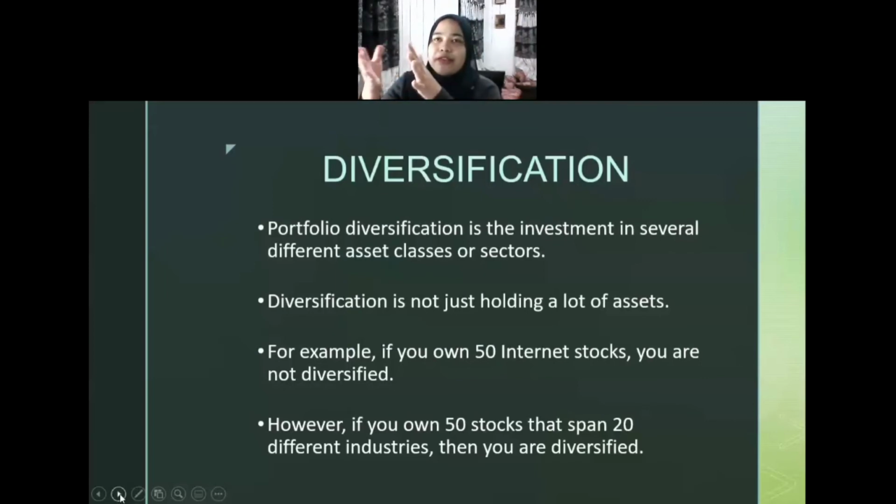So contohnya if there is something bad happen dekat you punya industri teknologi, you still lagi boleh dapat pulangan, you boleh dapat lagi return dengan you punya investment dalam industri yang lain. So you tak letak satu risiko tu dalam satu tempat sahaja. Okay, so macam jadi bila you lebih selamat lah bila you bagikan risiko. So if anything happen dekat satu industri ni, you still boleh cover the return from other industries.